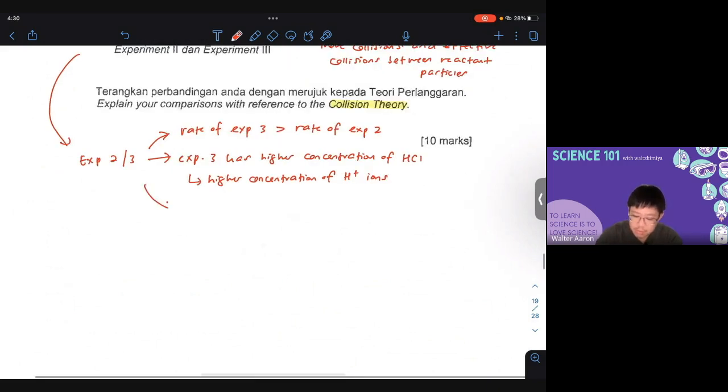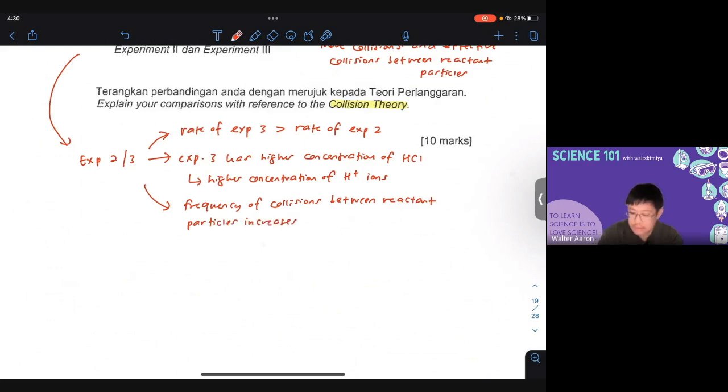Then they will lead to more collisions, or you can say frequency of collisions between reactant particles increases.